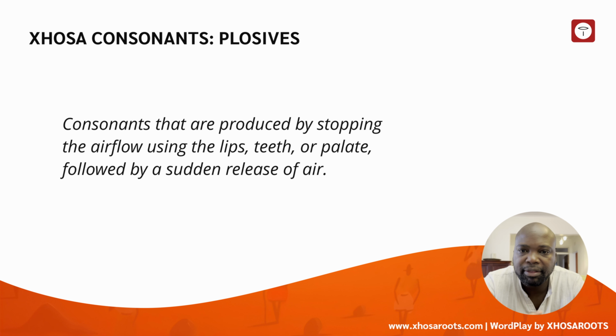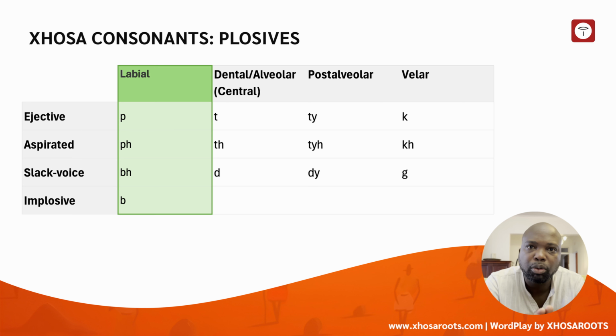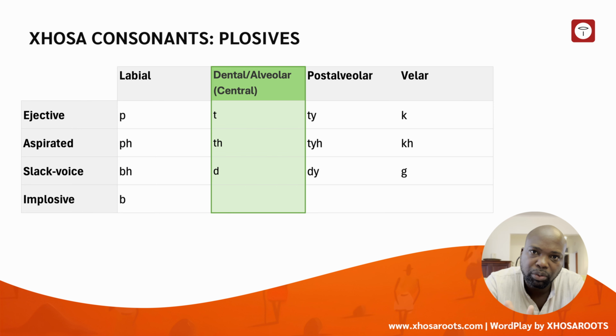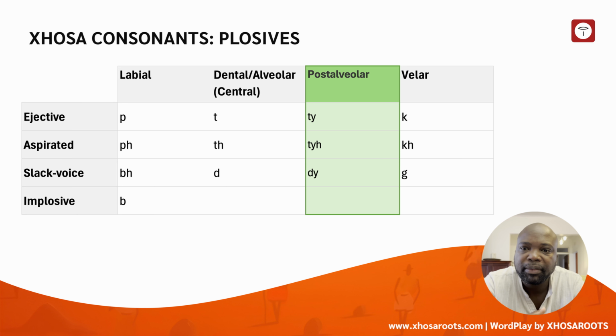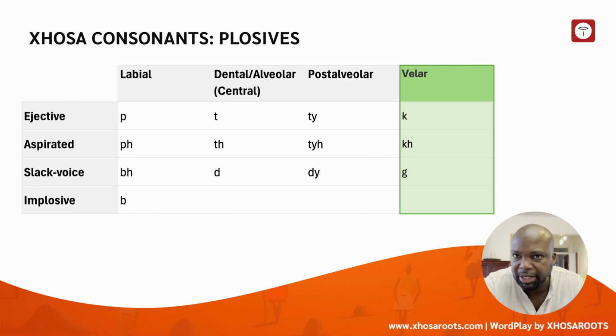And these, similar to how the clicks are organized, can also be organized into further categories. For example, we have the labial plosives. We have the dental alveolar plosives, which are central dental, similar to the clicks. We have the postalveolar, and we have the velaric or the velar plosives.